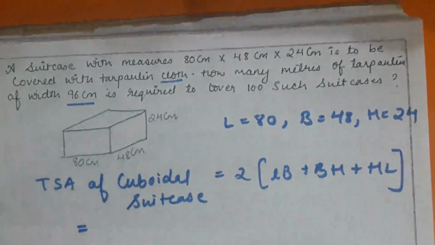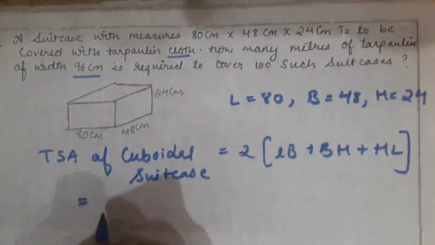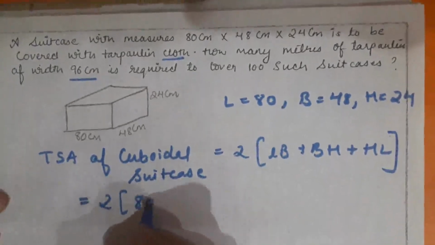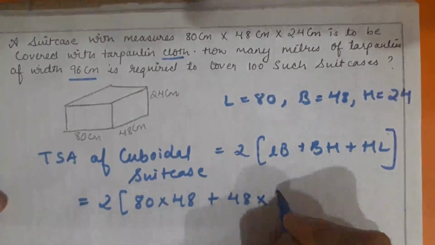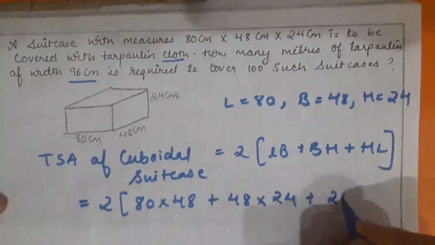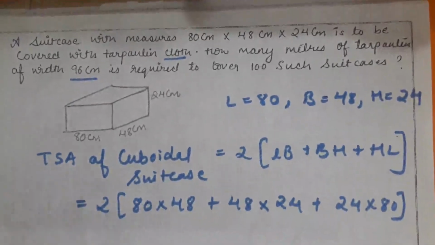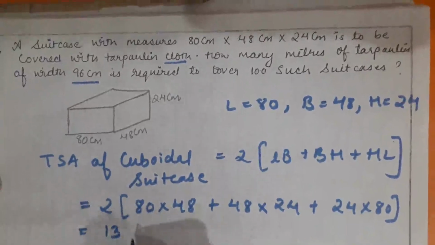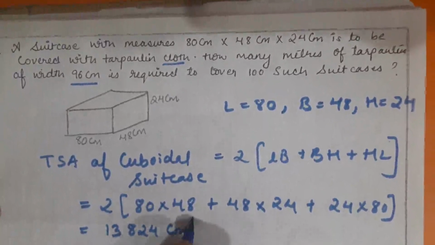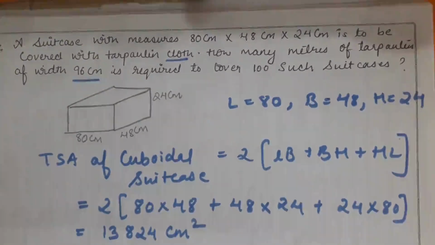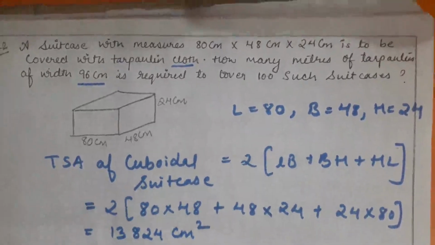Let's put these values inside the formula: 2 into 80 into 48 plus 48 into 24 plus 24 into 80. After solving this, you will have 13,824 centimeters square. So the total area of one suitcase is this.